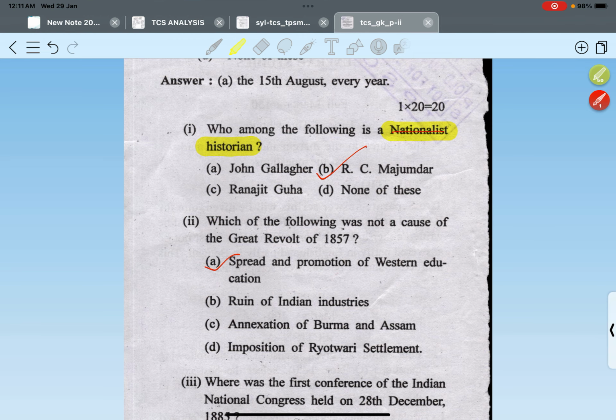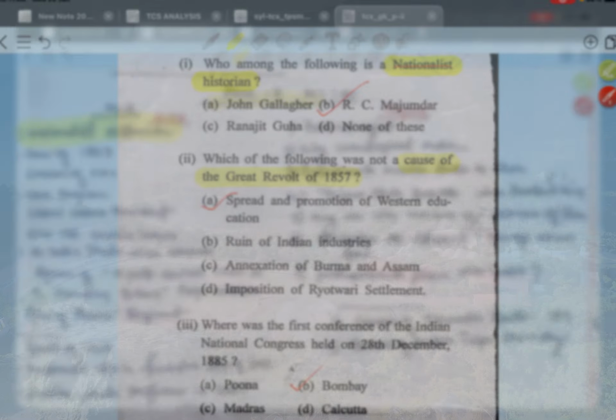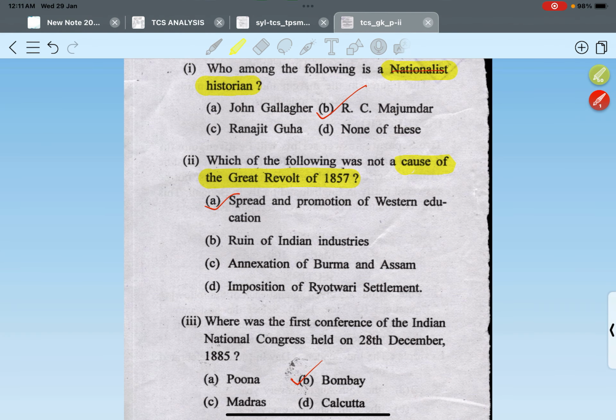Next question: which of the following was not a cause of the great revolt of 1857, which means they are asking from causes of the revolt of 1857. So in the analysis you will write causes of 1857. These are the topics from where they are asking questions.